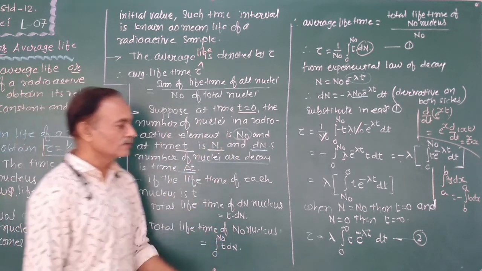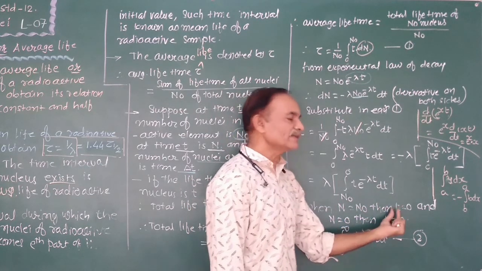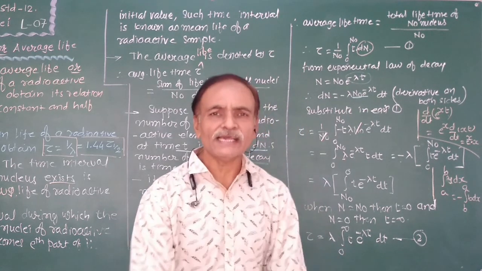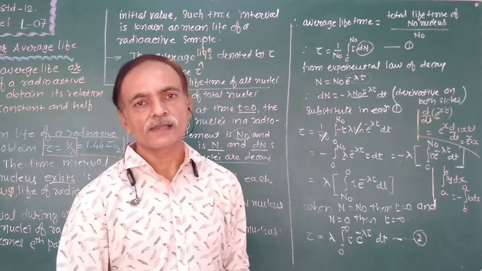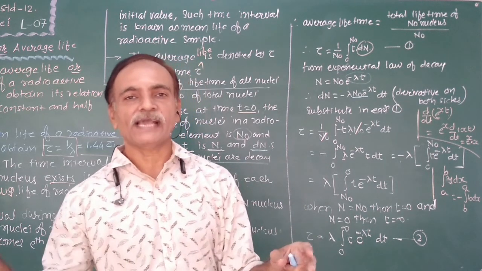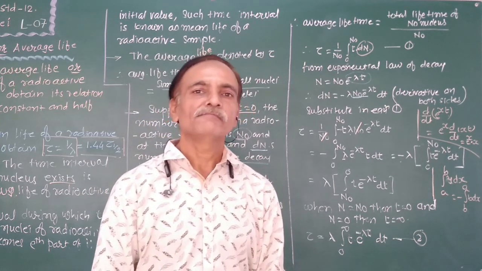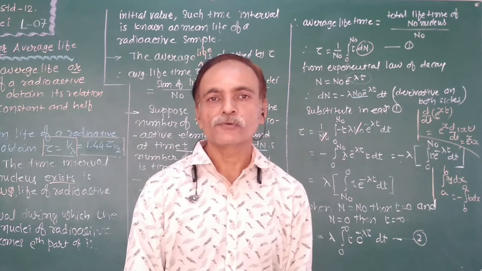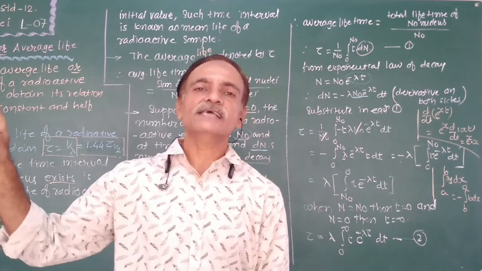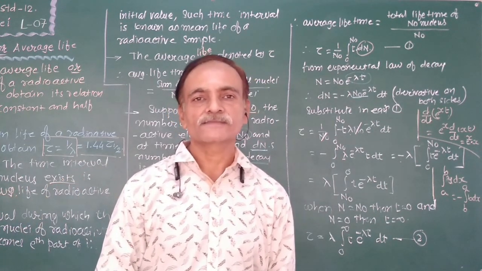Now initially we consider that at time t equal to 0, the number of nuclei in a radioactive element is n0. Therefore, when n is equal to n0, at that time t is equal to 0. And when all the nuclei in a radioactive sample decay, how much time is taken? It is infinite time, because the nuclei never completely become non-active. For a long time they remain active, which means they are decaying and emitting some energy.